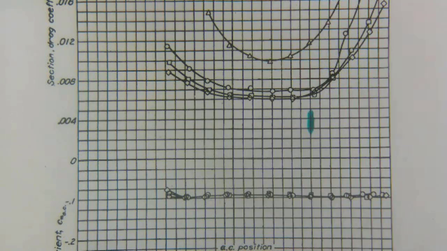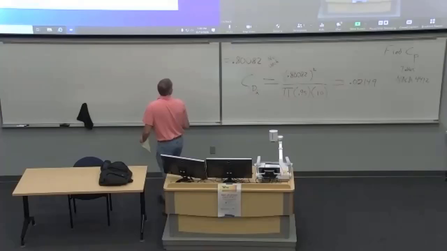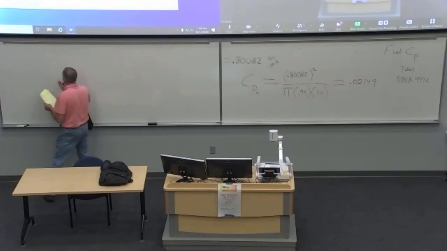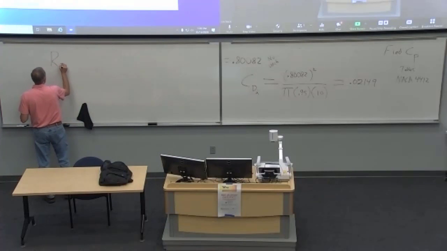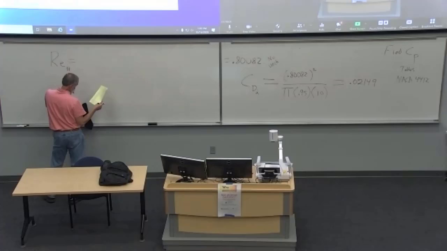So now we have to switch back to the screen camera. So we all know how to calculate Reynolds number, right? You did that on the previous quiz, I think. Yep, you had to.